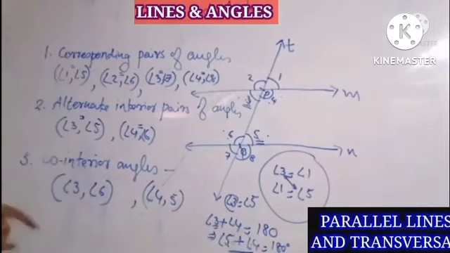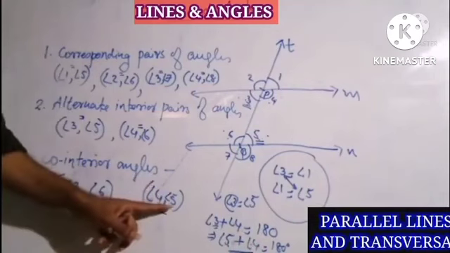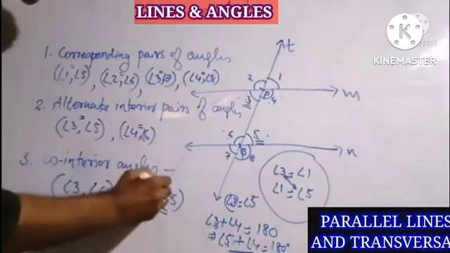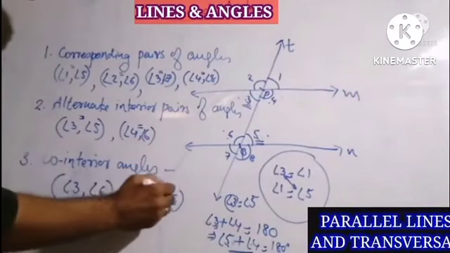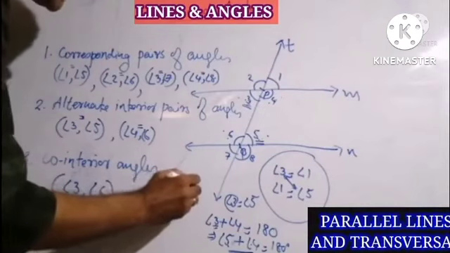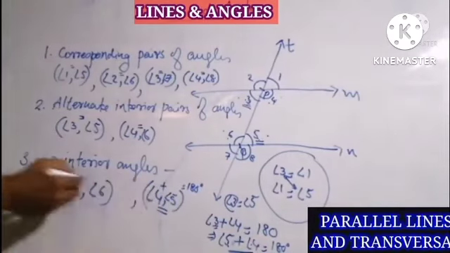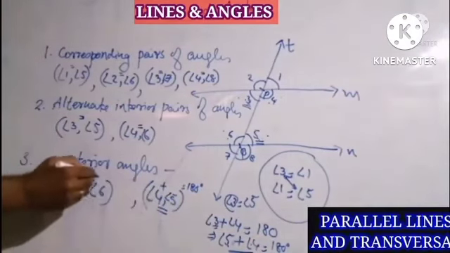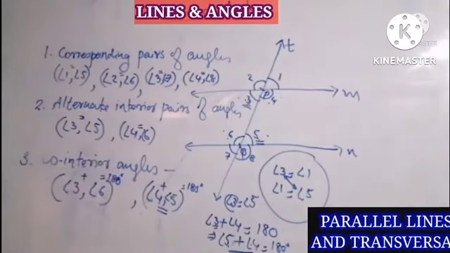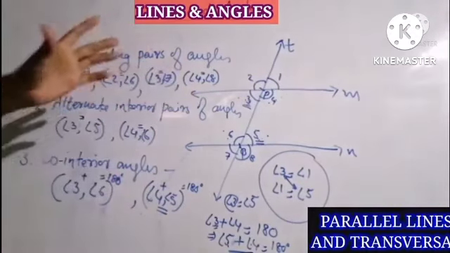What type of angles are angle 5 and angle 4? They are co-interior angles, and their sum is 180 degrees. They are not equal, but they form supplementary angles. Similarly, we get angle 3 plus angle 6 equals 180 degrees. Now, these are the three different pairs of angles formed when two parallel lines are intersected by a transversal.